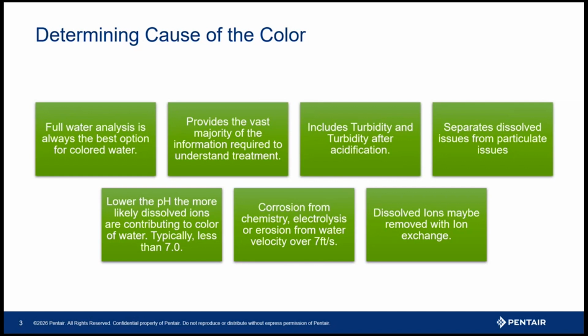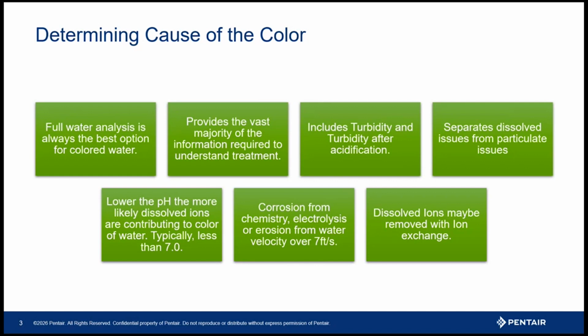I know that's not always doable, but that's the best one because it's going to give you the wealth of information to decide if you have a single root cause of your color or if it's a combination of things between turbidity and dissolved ions, or it's predominantly one or the other, so you can develop a treatment train. So it provides the vast amount of information you need to provide a solution.